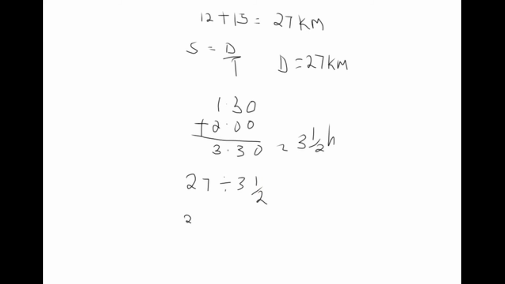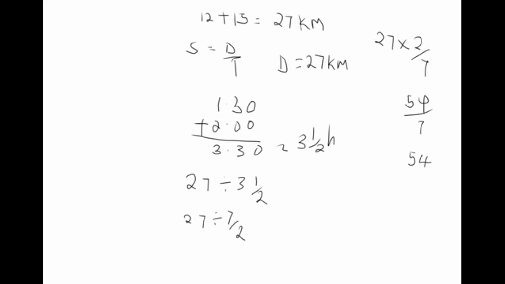So we have 27 divided by 7/2. Change this division sign to multiplication sign. Then get the reciprocal of 7/2, which is 2/7. Then we can multiply now. 27 times 2 is 54/7.